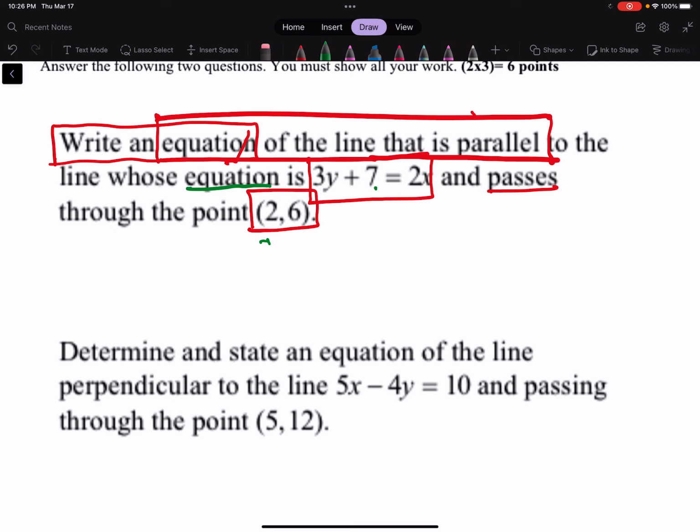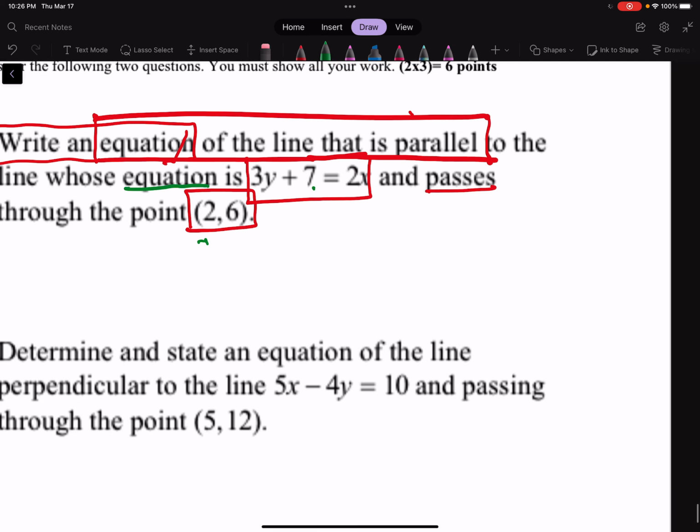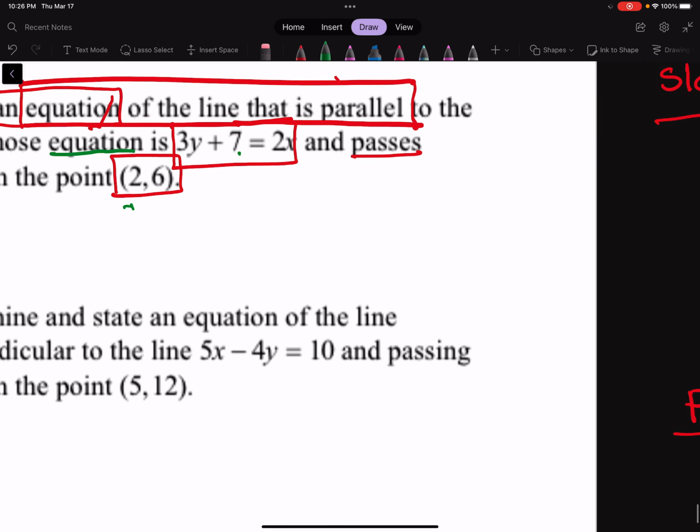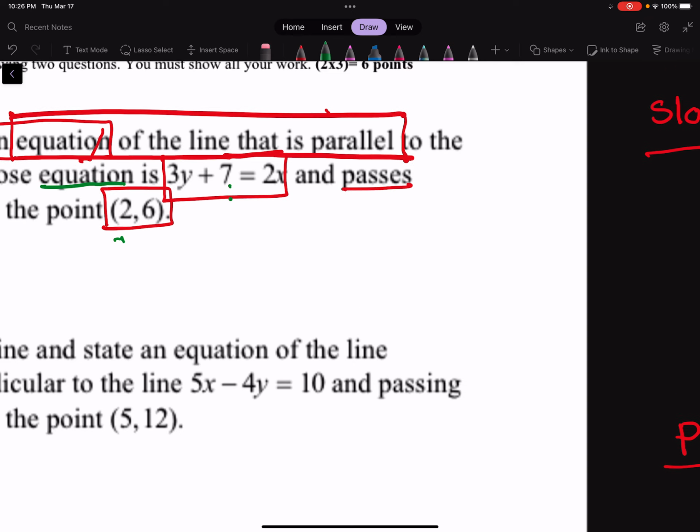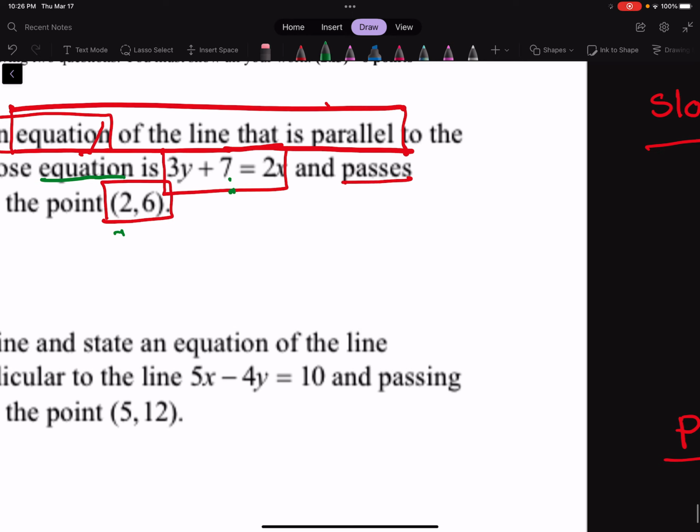So what do we look for? First, we look for our m. We know that from the given equation, the line that we are looking for is parallel. So if we get the slope from here, we can get the slope of our parallel line, which seems to be the same.